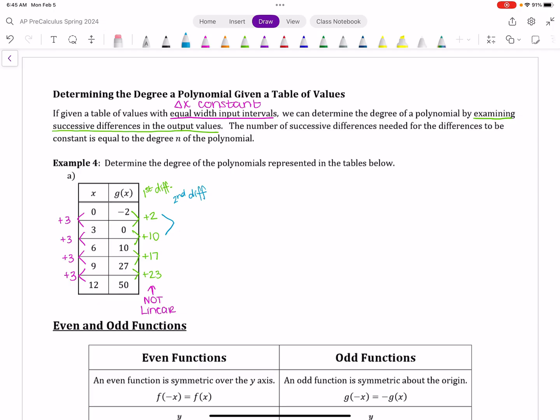From 2 to 10, we would be adding 8. From 10 to 17, we would be adding 7. And from 17 to 23, we would be adding 6. So because the second difference is not constant, it is not quadratic.